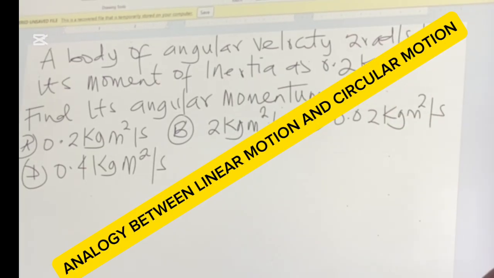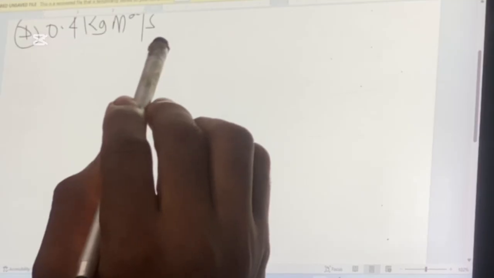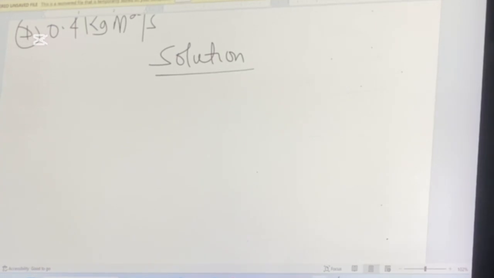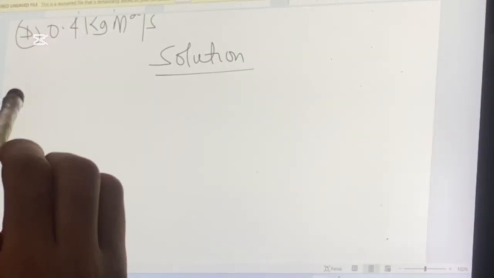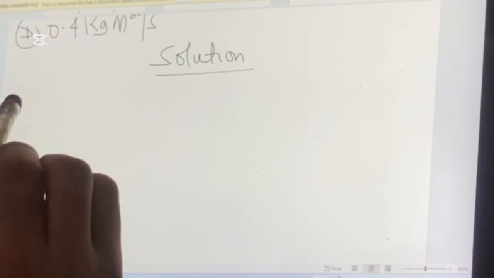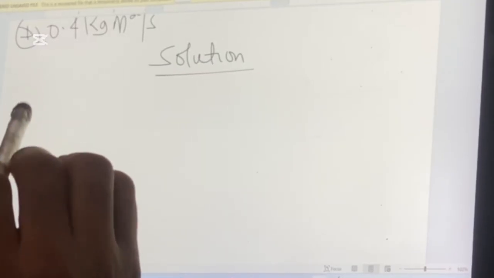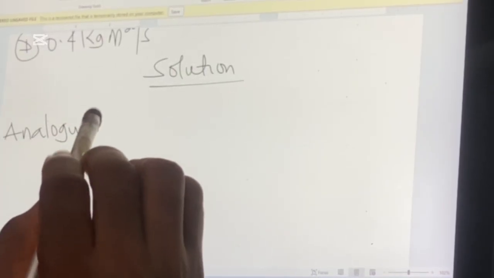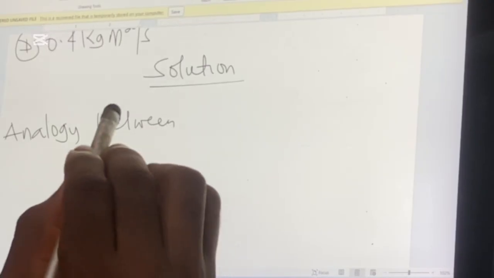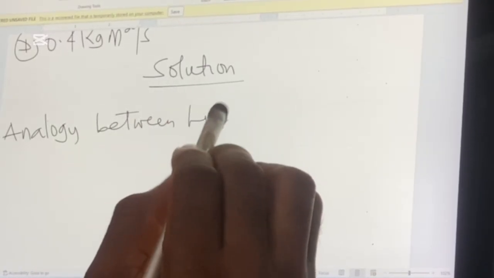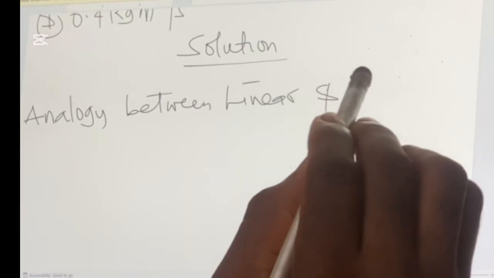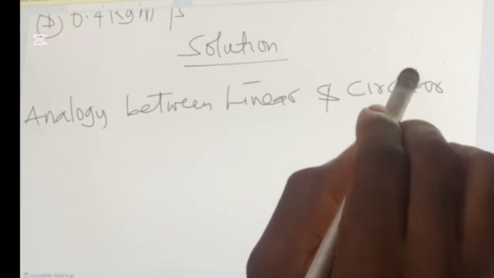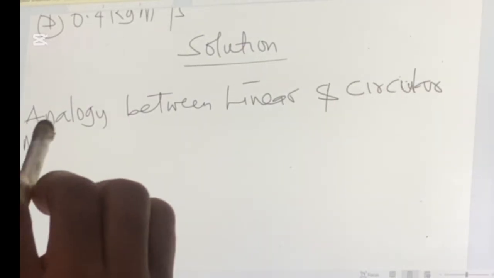Okay, let's take a solution here. Solution. Let's know the analogy between linear and circular motion. You can write: analogy between linear and circular motion.